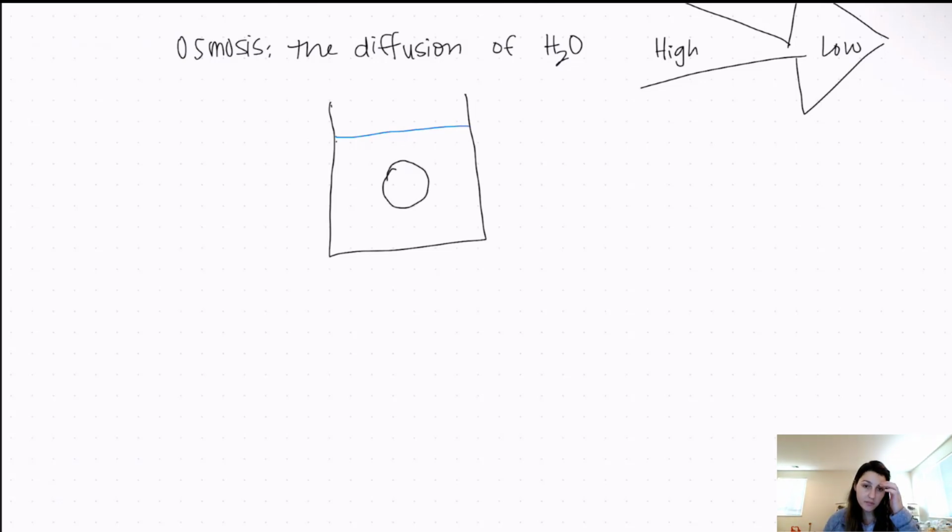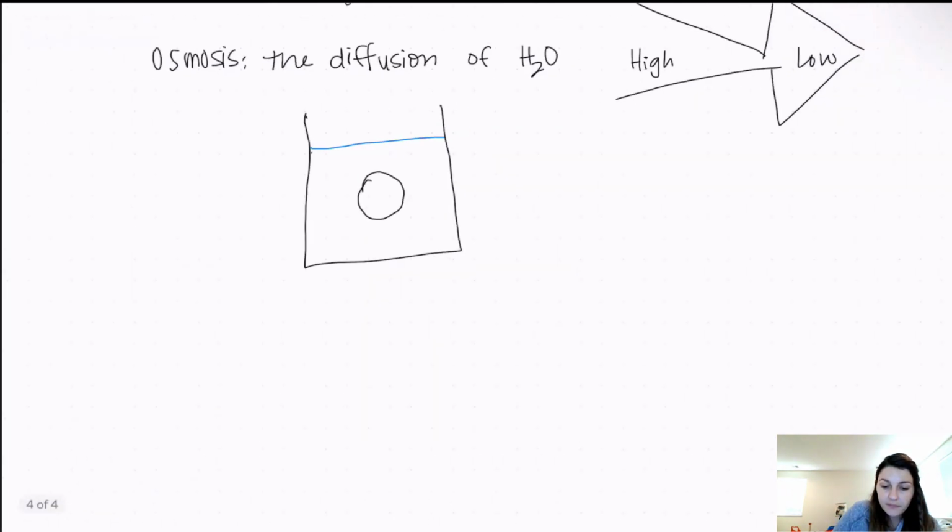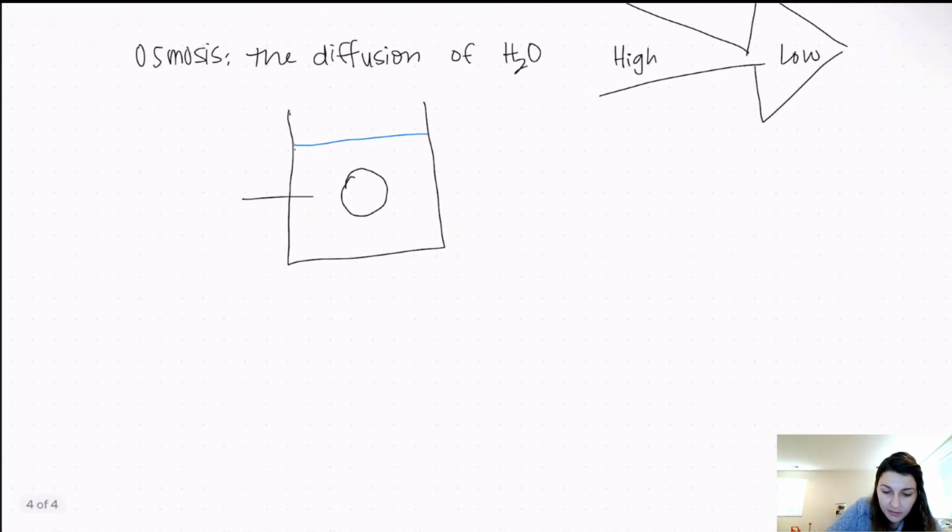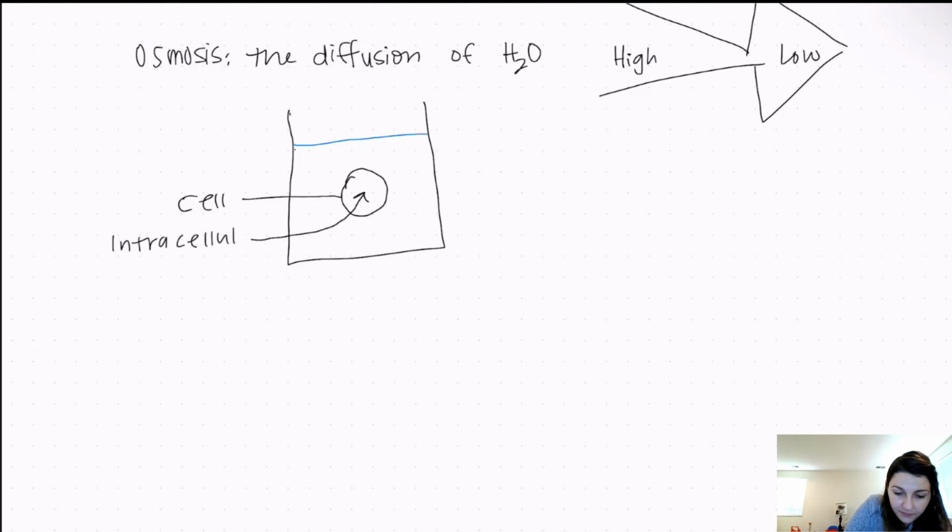And so there's some things we need to talk about here. So if this is my cell, the fluid inside that cell is called the intracellular fluid.